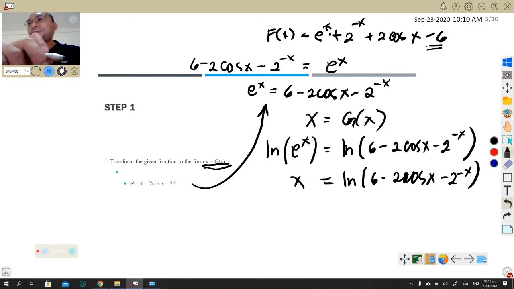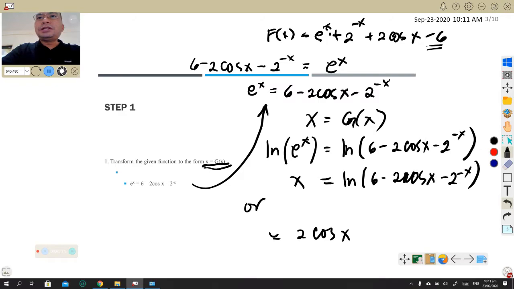But we can also derive x as a function of x using the 2 cosine x. To get x in the form x equals g of x in this equation, we can use transposition. We will retain the 2 cosine x.